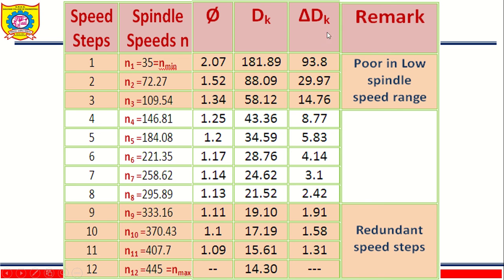From this table we can see the very low spindle speeds like 35, 72, 110.9. At 35 rpm, the diameter we can machine is 181.9, whereas at the higher spindle speed of 445 rpm, the diameter we can machine is 14.3.